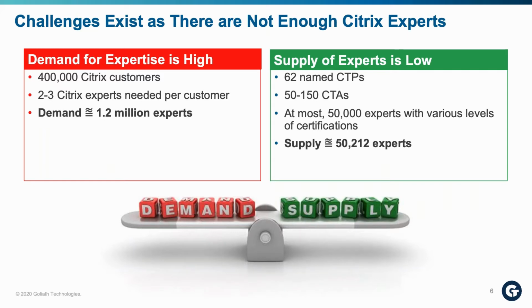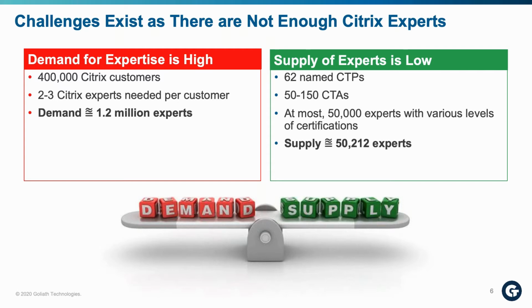On top of that, I already talked about how in health IT you have fewer resources. Well, the other global activity that's occurring is there's simply not enough experts out there, whether it's Citrix or VMware. Here's just some simple math. Citrix has 400,000 customers. On average, we say you probably need about 2 to 3 Citrix experts to run your environment effectively. Of course, that differs based on size.